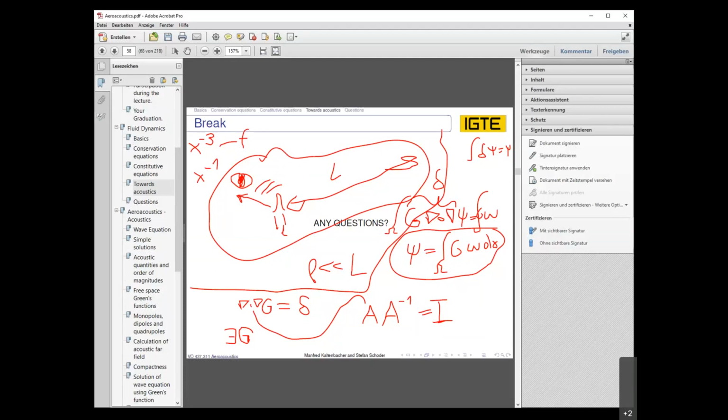I don't know if you are familiar with these terms, but in basic acoustic lectures, we have subdivided the sound field into a near field and a far field, where the near field was in close vicinity to a vibrating object, and the far field is far away from the sound source.